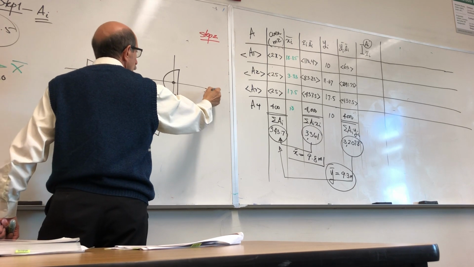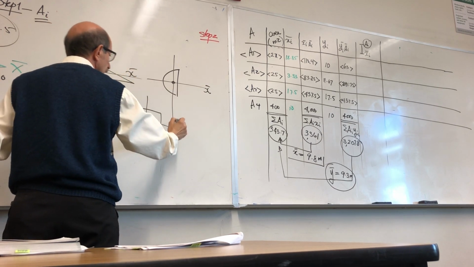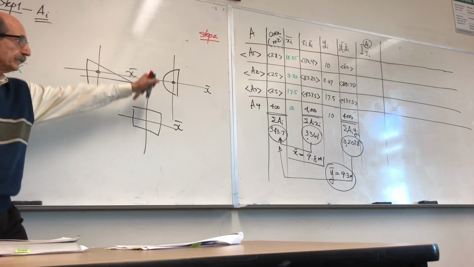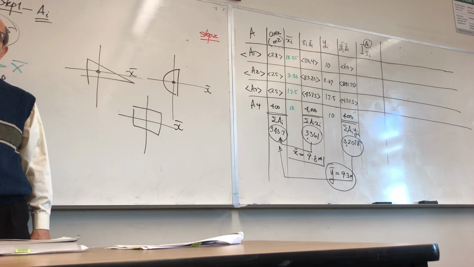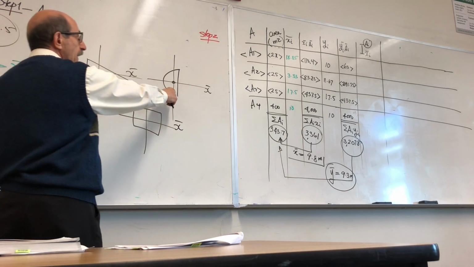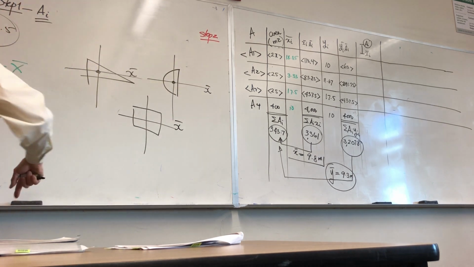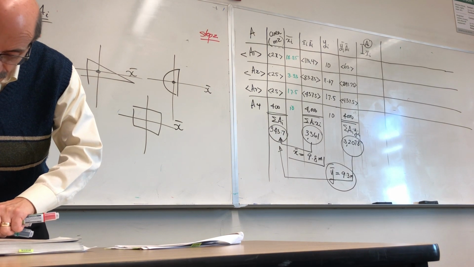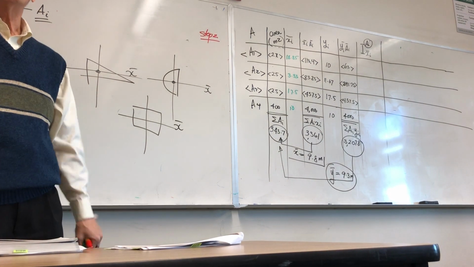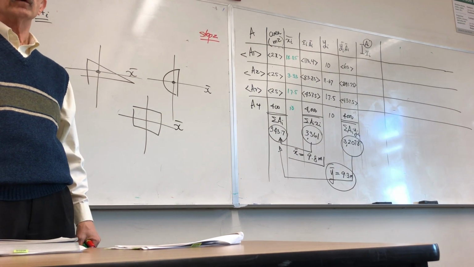This is the x centroidal axis of this guy. These are the values that are tabulated in that table. So for a half circle, which is area 1, you see it's given as 1/8 pi r to the 4.